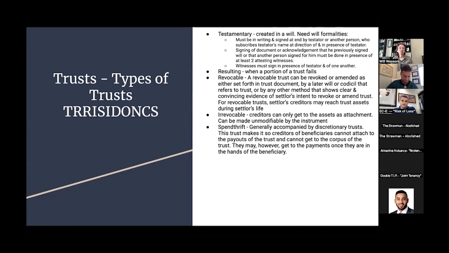So what you might do is put a provision in the trust that specifically says that creditors of beneficiaries can't attach the payouts of the trust until the payment has been made to the beneficiary. So what that means is that they can get to it once it's in their bank account, but until it's in their bank account, they can't get to it.